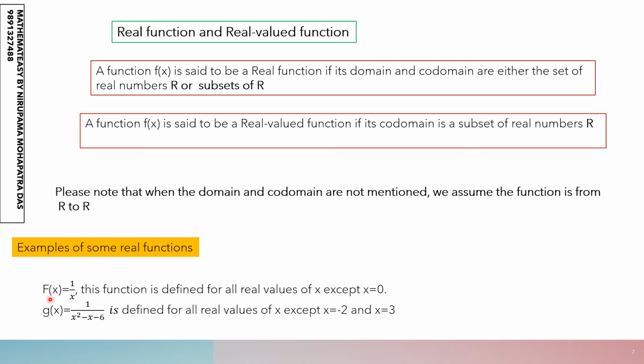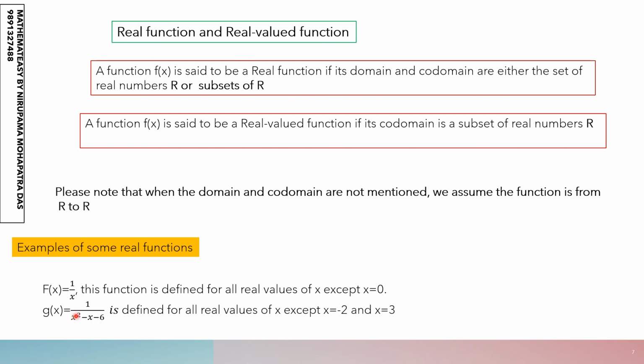So here you see f(x) equal to 1 by x. This function is defined for all real values of x except x equal to 0, because if x equal to 0, the denominator will be 0. And if you take g(x) equal to 1 by (x square minus x minus 6), common sense says the denominator cannot be 0. So x square minus x minus 6, if you factorize this denominator, is (x plus 2) into (x minus 3).